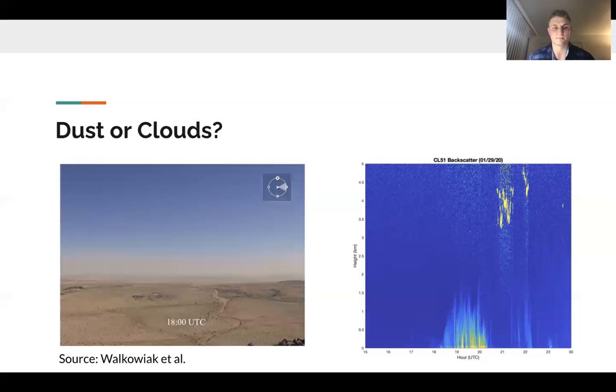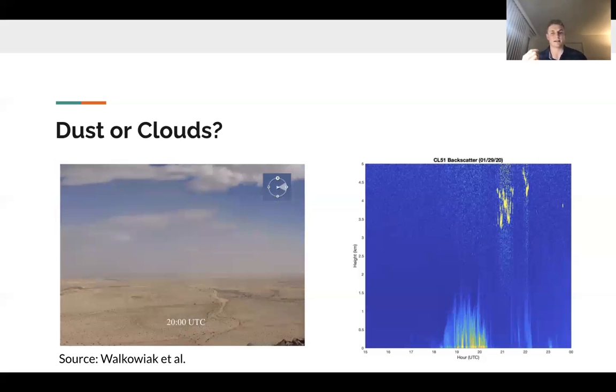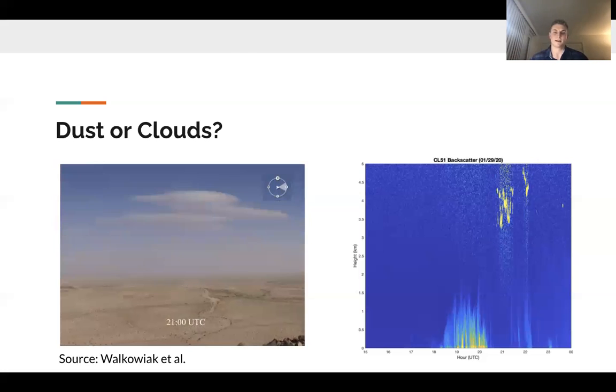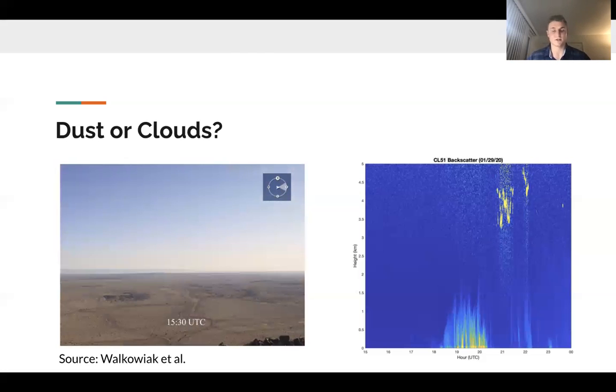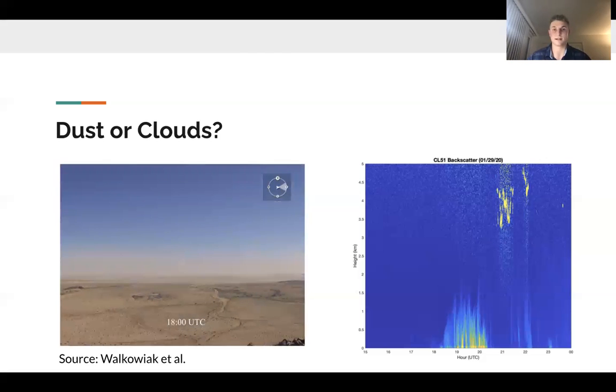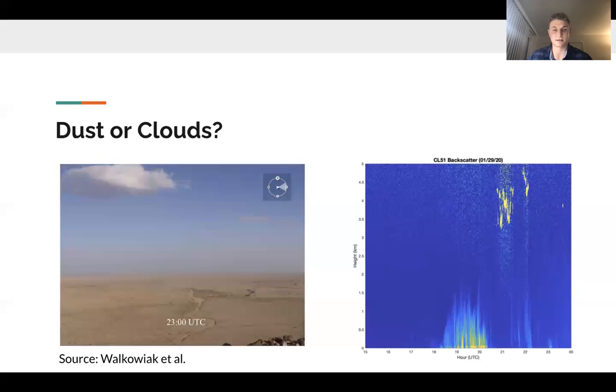The problem is that our device is misclassifying this dust signal as clouds, which has huge implications for climate modeling in the region. And obviously, with the Sahara Desert and all these other regions around the world, if the same issue is occurring and is prevalent, it could have major implications for understanding how dust is interacting with the atmosphere.